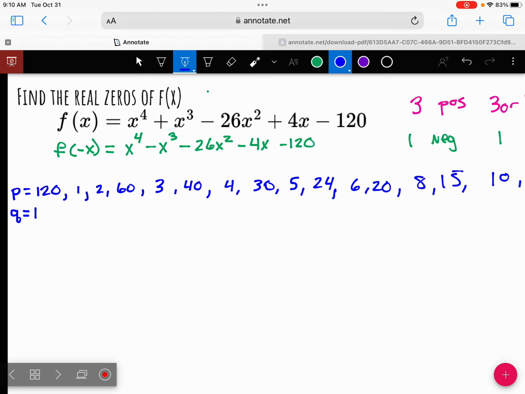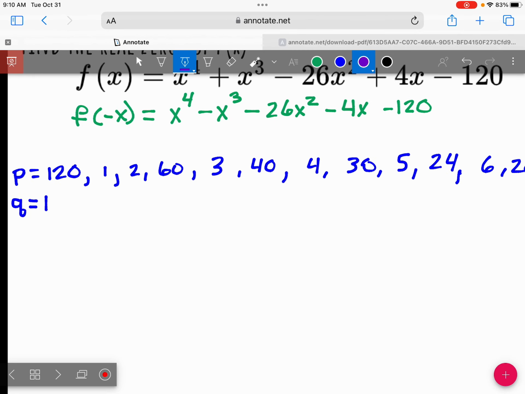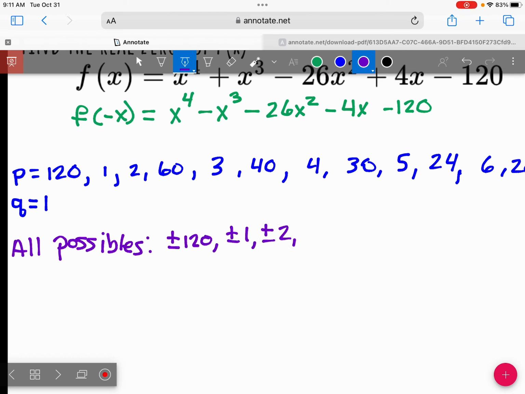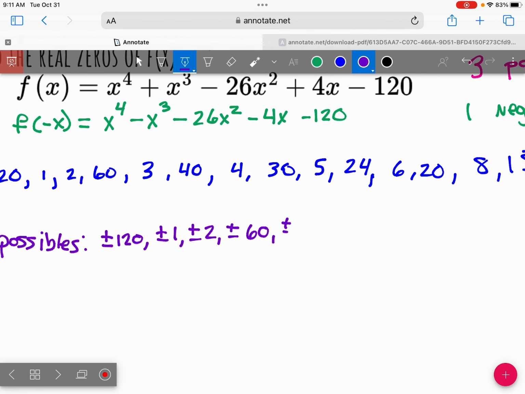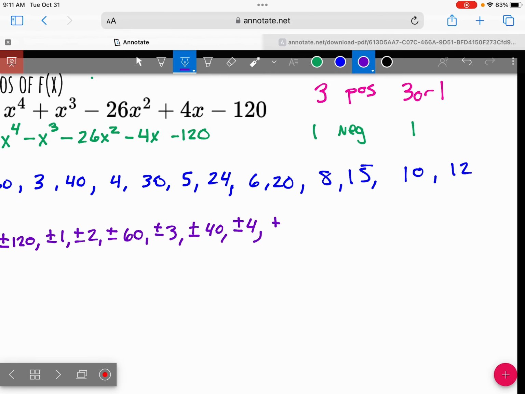So our list of all possibles, I'm going to rewrite it because I didn't put enough space. Our all possibles are plus and minus 120, plus and minus 1, plus and minus 2, plus and minus 60, plus or minus 3, plus or minus 40. I don't care if you put these in numerical order. I do not care if they are scrambled.